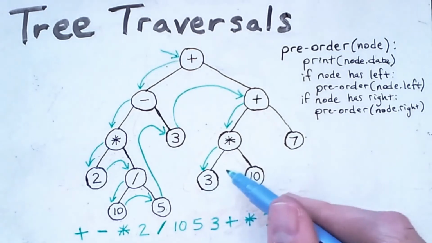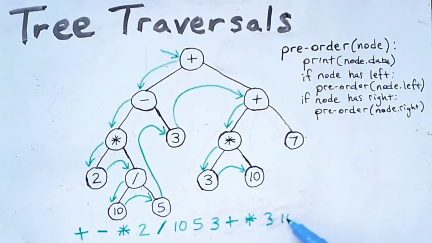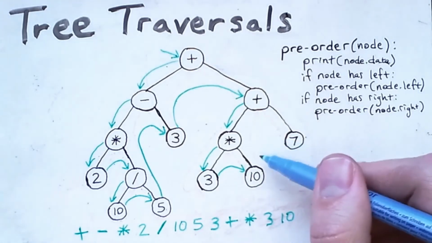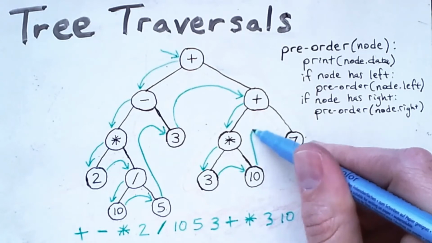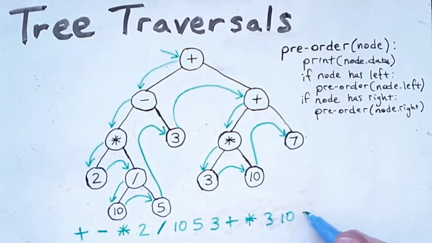No left, no right. Go to here. And then back up to here, and then down there. Have 7 at the end.